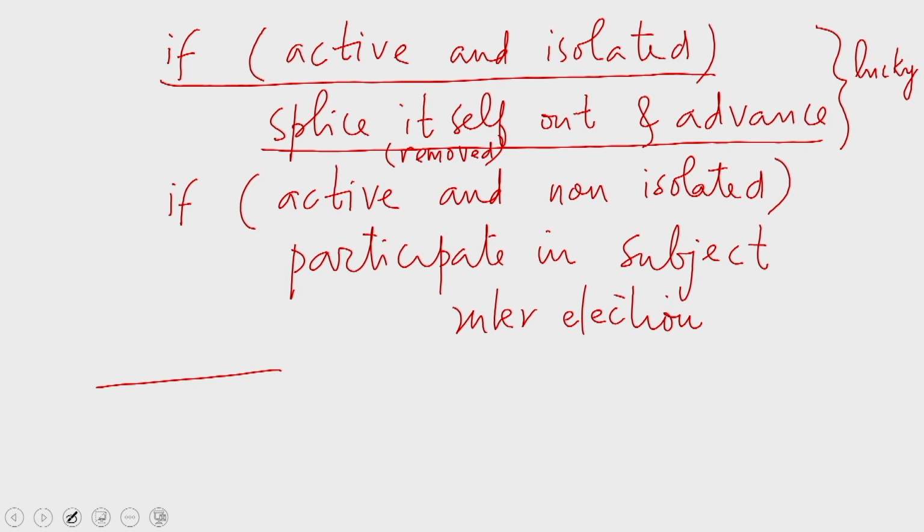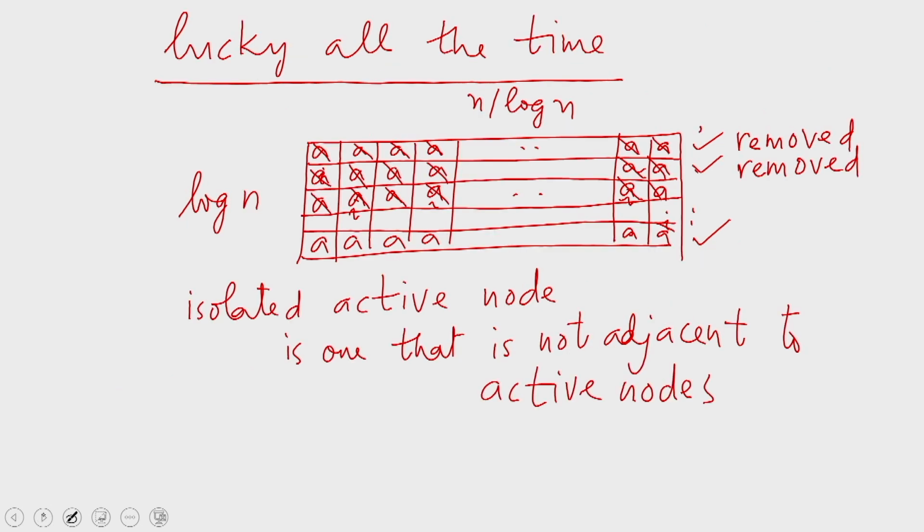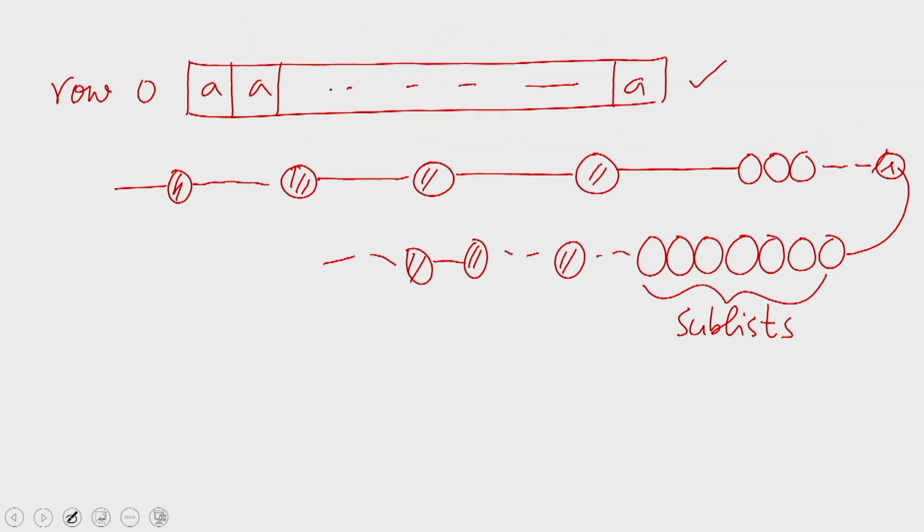But the remaining elements which are active but non-isolated will participate in what we call subject ruler election. So, these sublists that form the set of non-isolated active vertices will participate in subject ruler election.